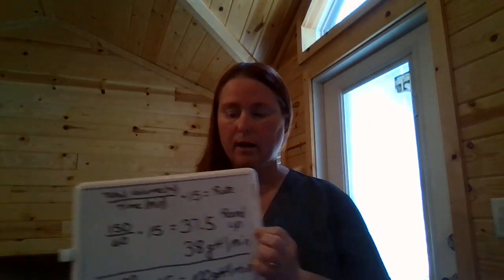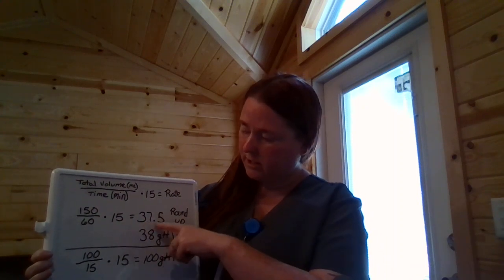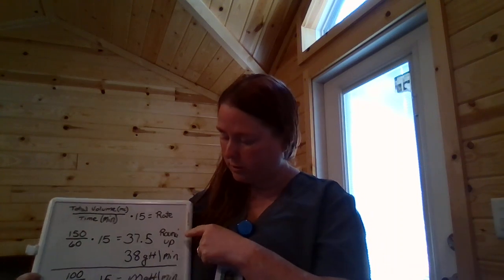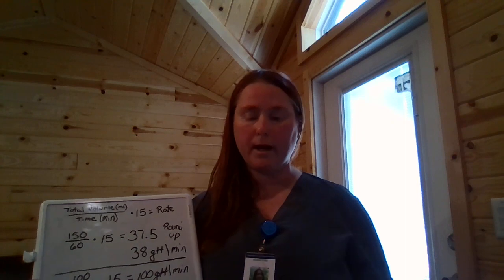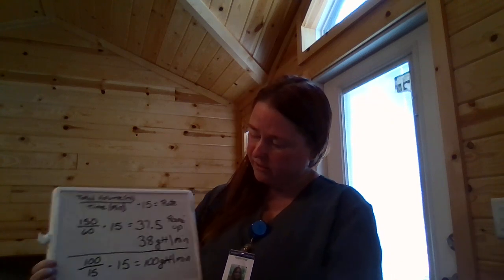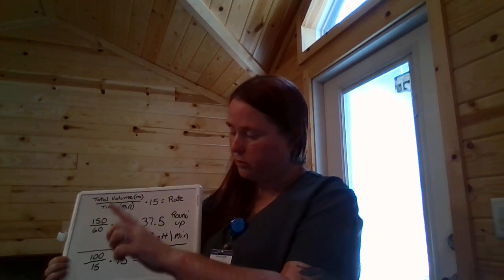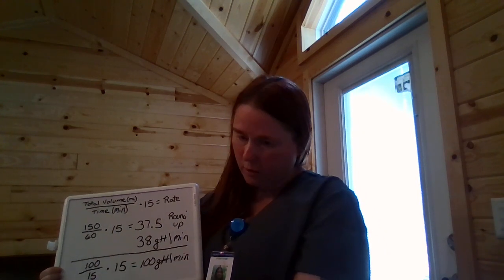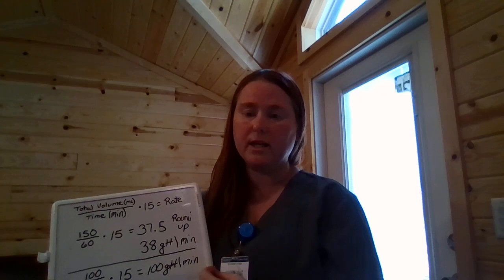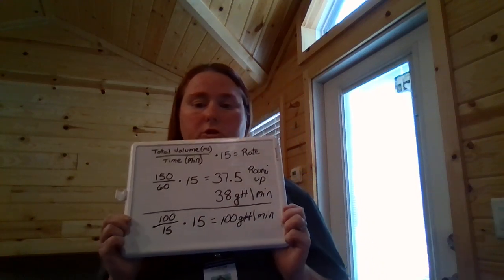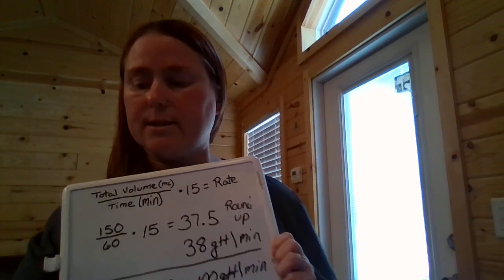So that comes out to 37.5. I round up to 38. And then for my amoxicillin, it's 100 over 15 minutes, times 15, so it equals out to be 100 drops per minute for the amoxicillin.